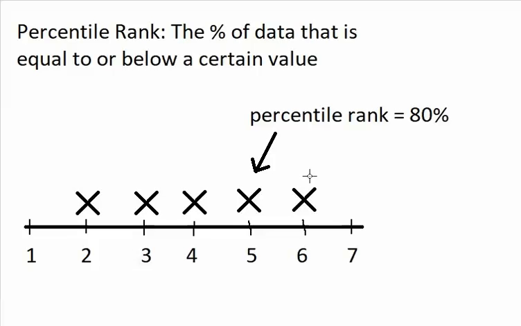And before we wrap up, I wanted to give a real life example of percentile rank. I want to give an example of how it's used in the real world.